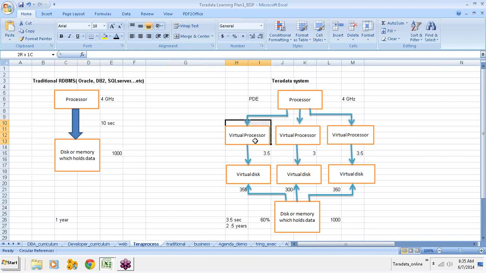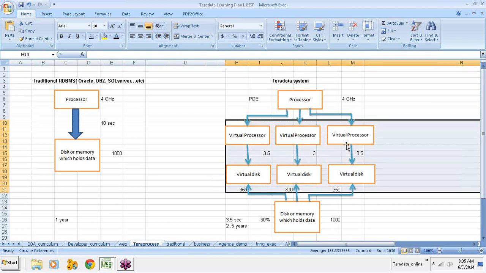So in general terms, you can say it is 3 times better than the normal machine, isn't it? It is 3 times better when it has 3 virtual processors and 3 virtual disks. The Teradata machine is almost 3 times better than the legacy machines.